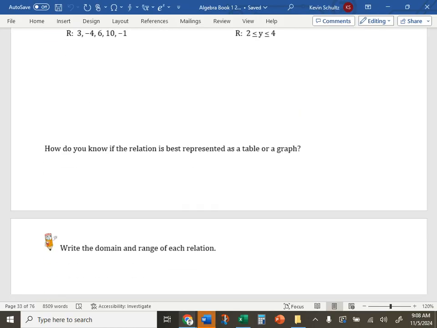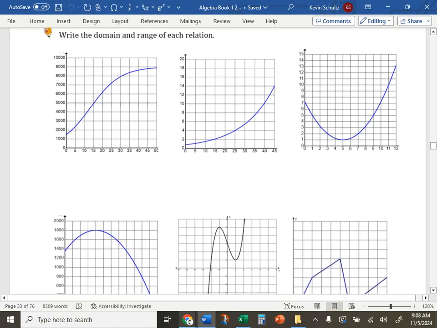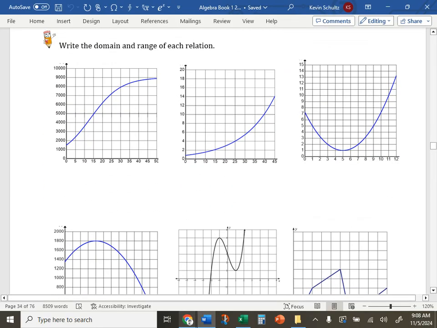Your homework for tomorrow says write the domain and range of each relation. Now these are not lines, are they? But again, a relation is simply a collection of ordered pairs. So if we're looking at this first one, I'm going to classify it: is it an XY table?